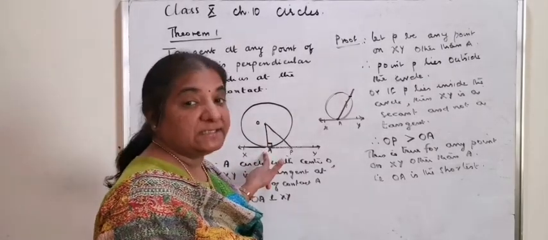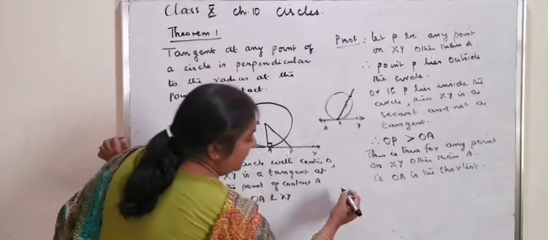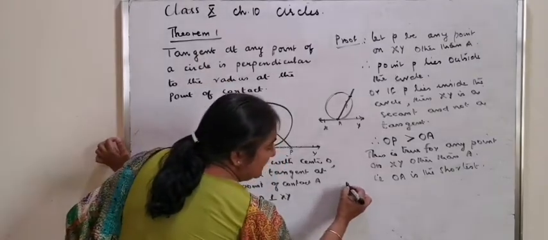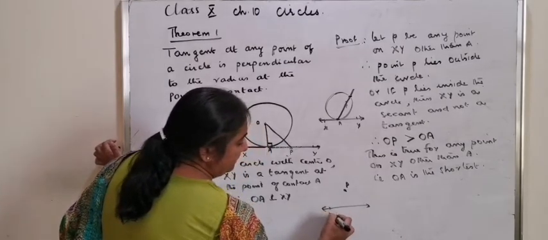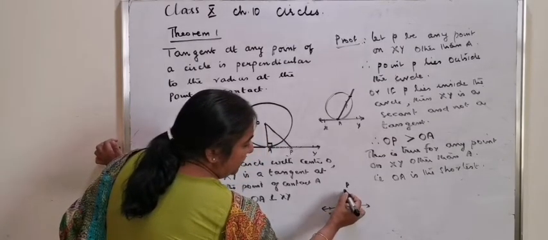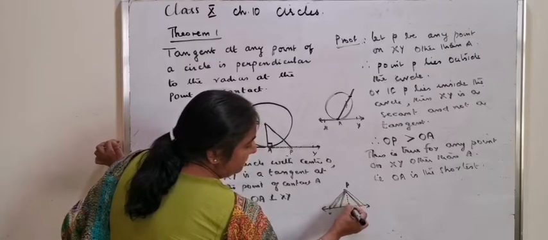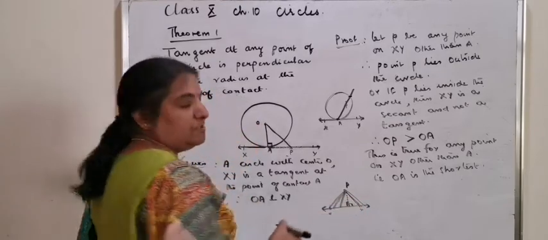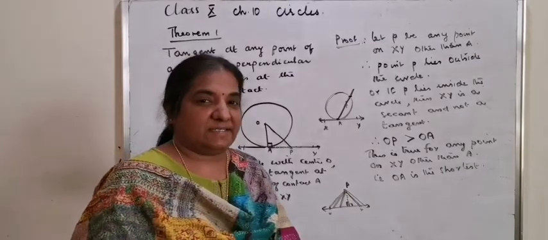OA will be the shortest line segment which is falling onto the tangent XY. And now, suppose you are drawing lines from the point P to the line XY. Did you learn a property? That perpendicular is the shortest.